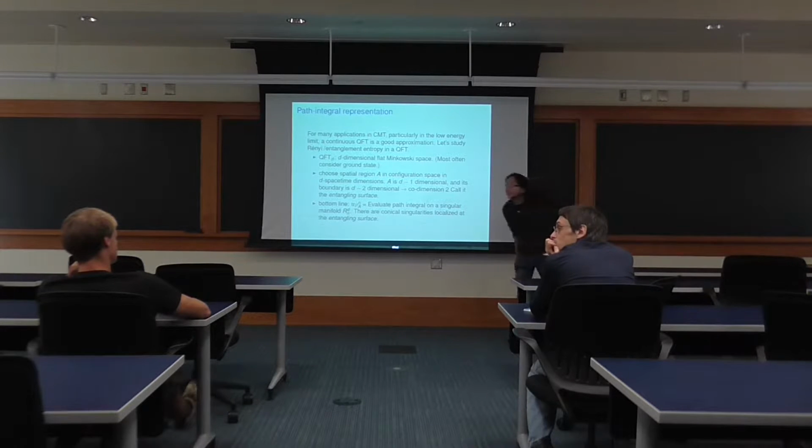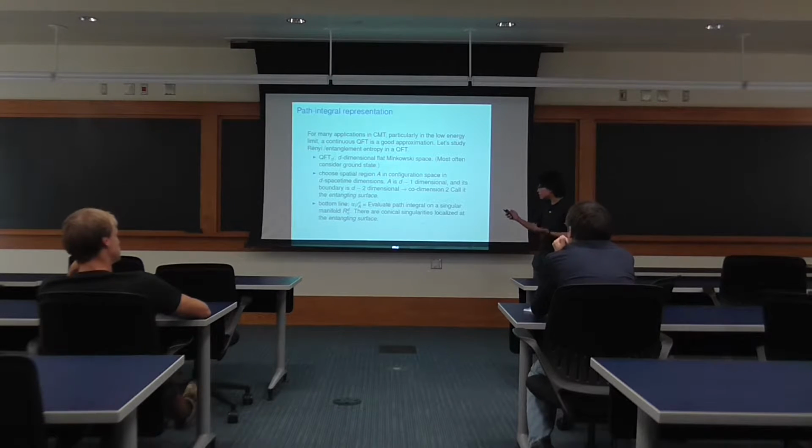Yes? So is the region A itself d-dimensional, or it's some infinite dimensional region in some Hilbert space? A itself is infinite dimensional from the point of view of Hilbert space, because we are dealing with a field theory. But here, we're talking about some spatial region in space. How do we associate then this A with a spatial region?